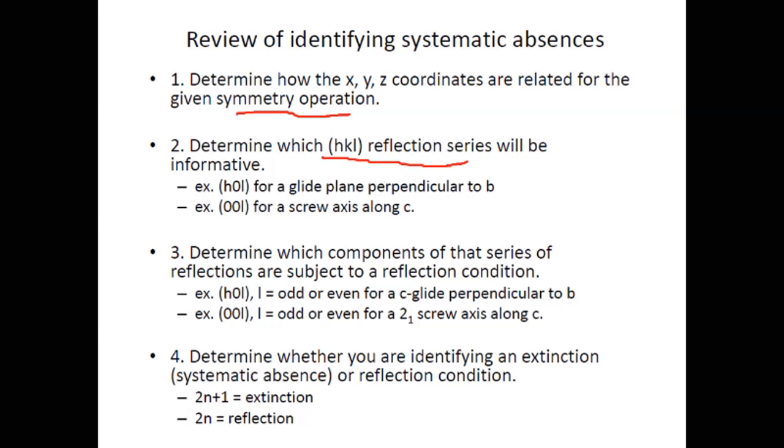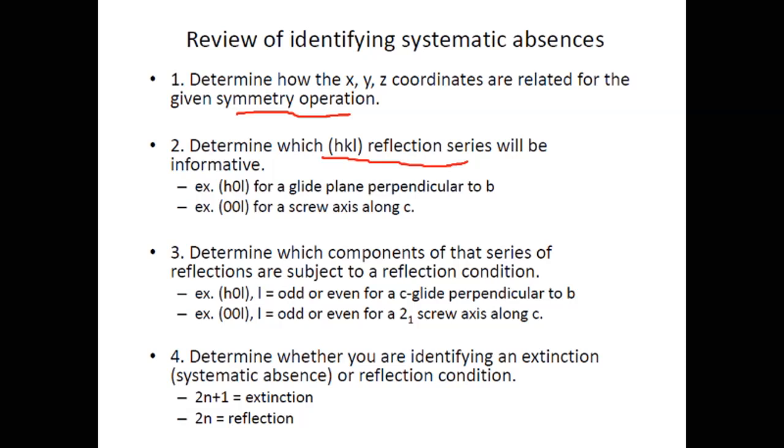So once we know the class of reflections, then we determine which ones are subjected to the reflection or extinction condition. So if we have a C-glide perpendicular to B, it would be the L that has to be odd to be systematically absent. Or if it's a screw axis along C, it would be the L that would have to be odd to be systematically absent.